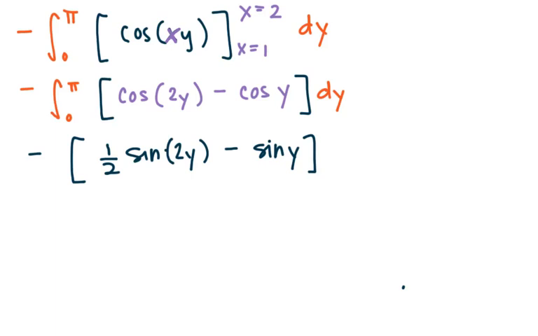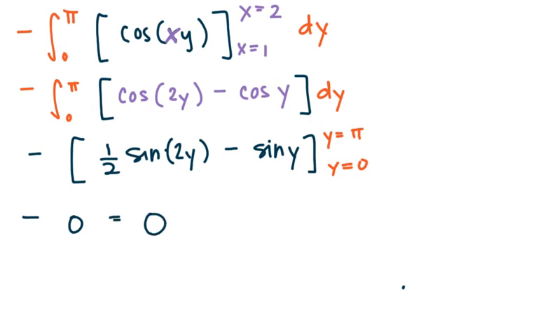And then, of course, we have our bounds, which are in terms of y: y equals pi and y equals 0. So 2 pi, pi, 0, 0, sine at pi and 0, those are all going to equal 0. I'm going to end up with negative 0. And the answer for this volume is 0.